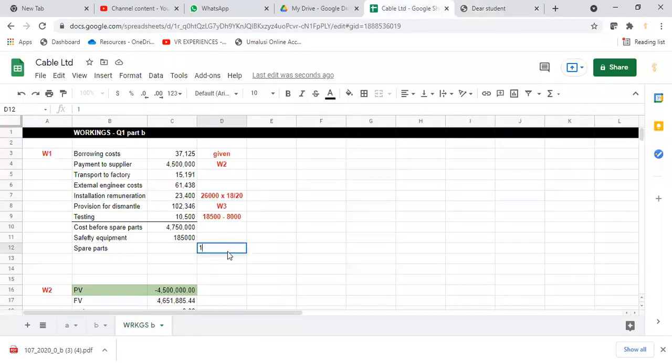So of the spare parts of 125,000, only 75% will be classified as PPE, because the other 25% is valves and screws, which is largely consumable. A valve doesn't necessarily last for 6 years. It is lost as and when you use it.